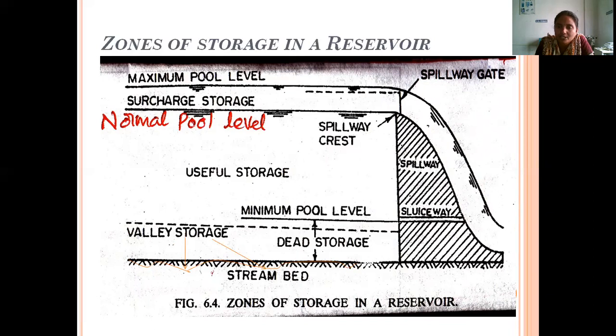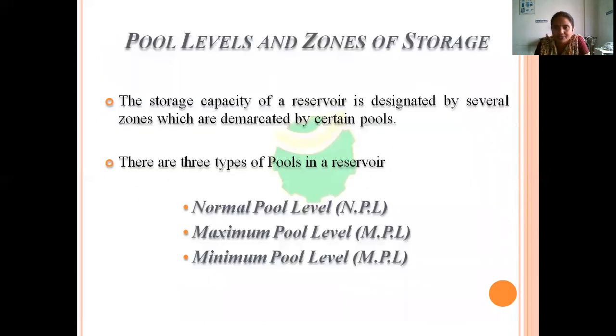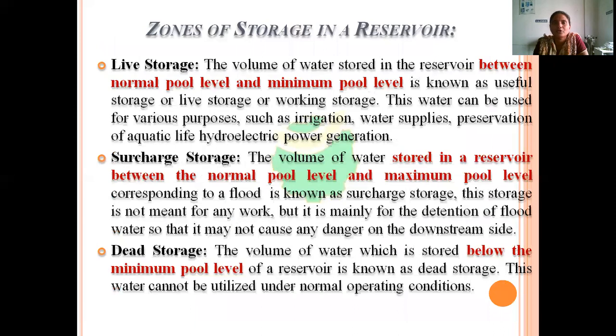Above the sluice way level, the water will be released and utilized for different purposes. Like in our house, pipes from the tank to other purposes are connected at the bottom of the tank. Like that, the sluice way is constructed at the bottom of the reservoir. The spillway is constructed at the top of the reservoir to arrest or pass the excess flood. So these are the pool levels.